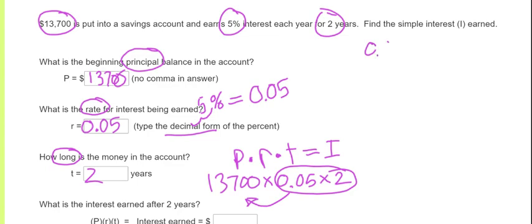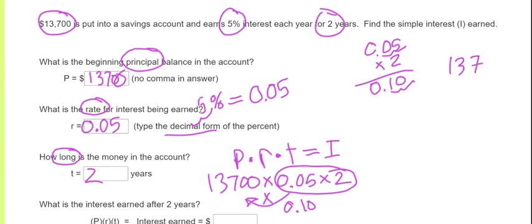So 0.05 times 2 is going to give us 0.10, or 1/10. We have 2 decimal place values. Now we multiply that 0.10 times 13,700.